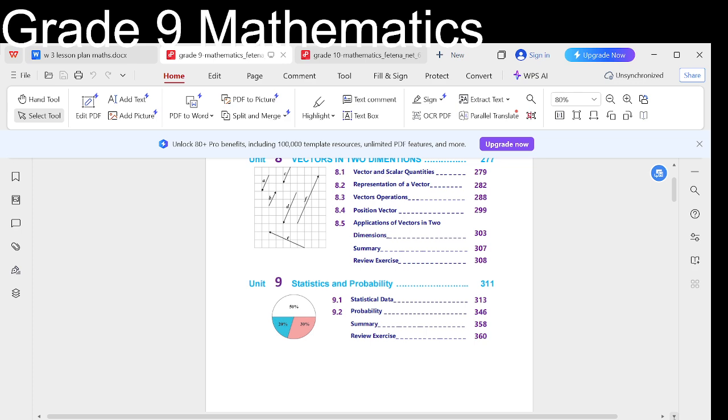Quantitative data are data which are measurable, and qualitative data are data which cannot be described by using numbers. Then 9.2 is a very important subsection in which we're going to deal with probability. And then at the end we summarize and have a review exercise.